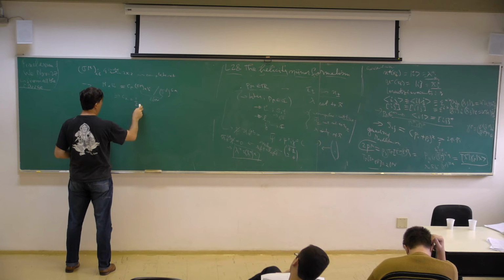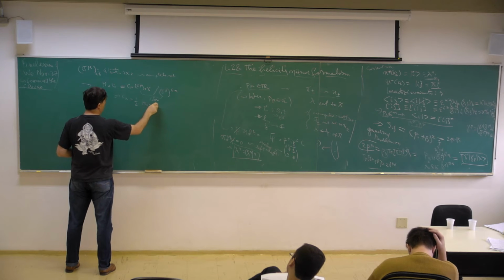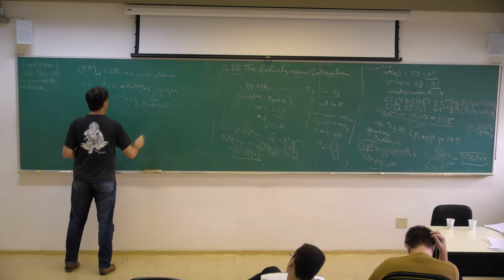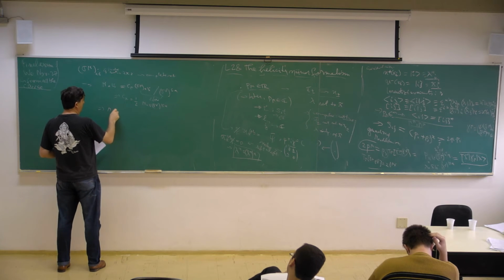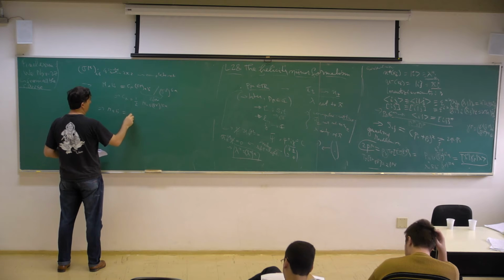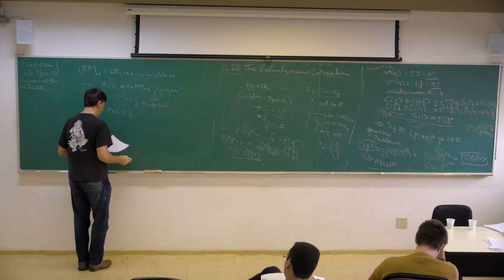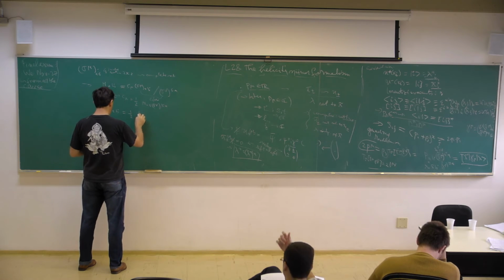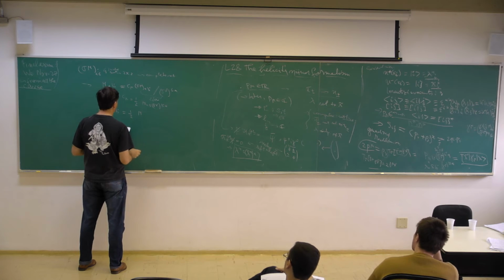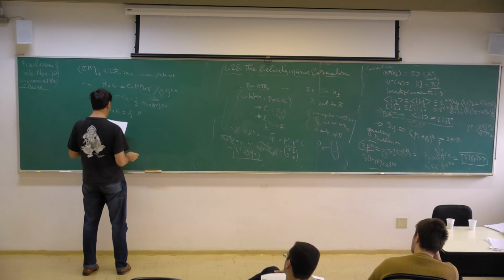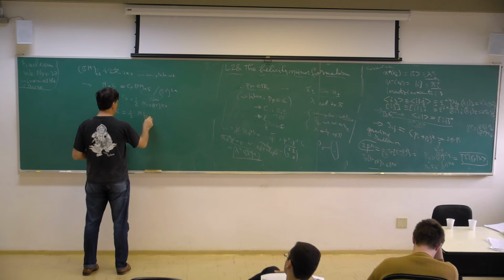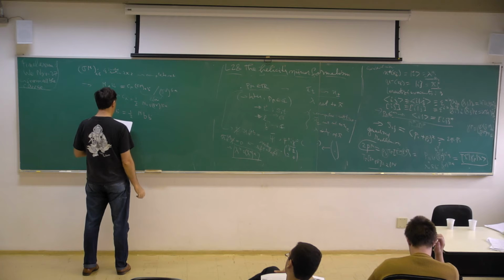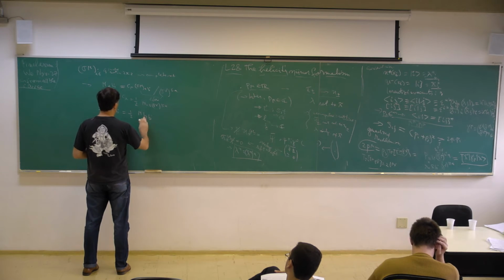So C mu is 1/2 M AB dot sigma mu B dot A. So I write that M AB dot is 1/2, now we have to use a different number, M B B dot.